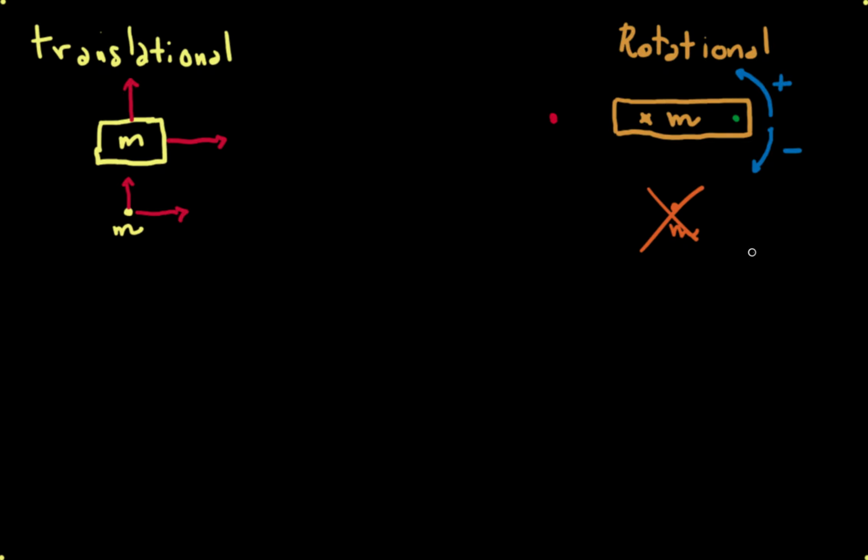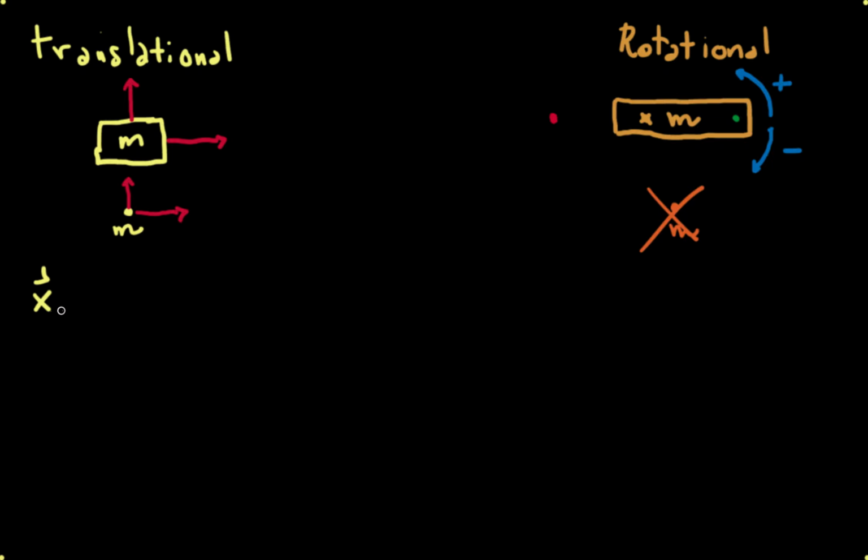Okay. So we have already started to see back in kinematics how to take translational motion and turn it into rotational motion. So let me write out the equations for translation. The kinematics for translation, which means the description of motion, can be encapsulated into two equations.